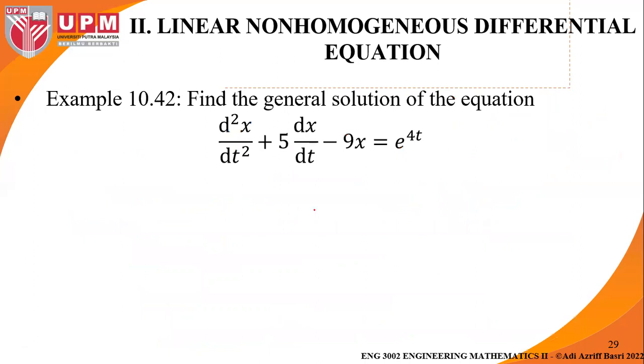Okay, the third one you have d square x over dt square plus 5 dx over dt minus 9 equal to exponent. We have learned the first is a real number, the second is a cos theta or something like that, and the third is exponent.